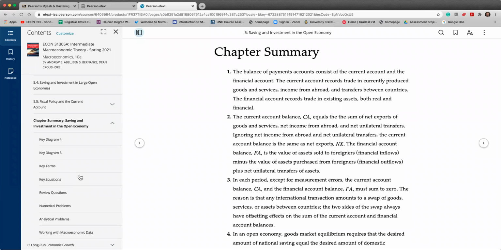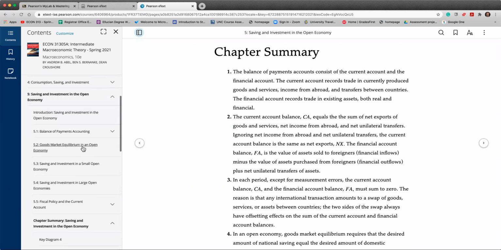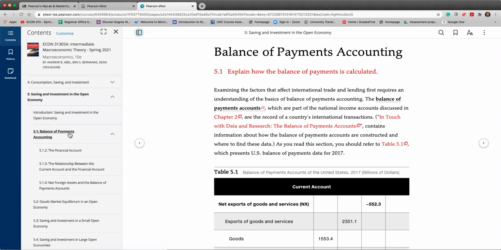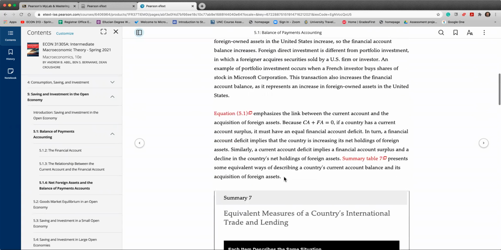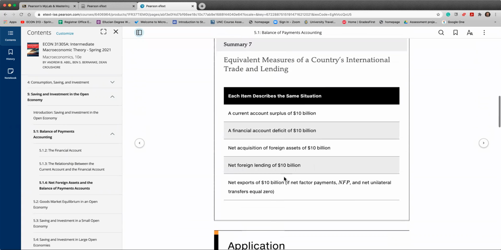I believe it's summary table 7 in the balance of payments accounting section of the chapter. Let's see if I can find it. Maybe at the end of this. I don't remember exactly. Yes, here's summary table 7.